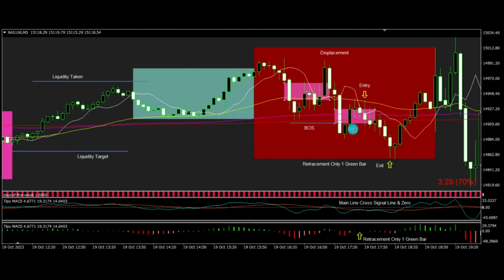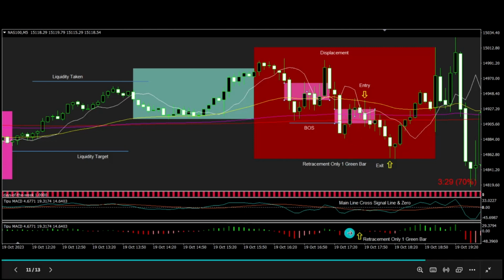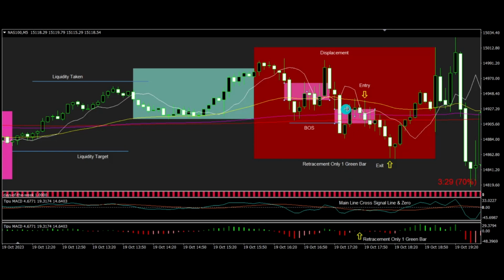And there's only one green histogram bar. And also a swing high has been created with a candle that has two candles to the left and to the right that are lower. So here's where you have to add a little bit of information and knowledge of ICT concepts to be able to be confident in this trade panning out. And price moves to the downside and takes liquidity, and there's your exit.